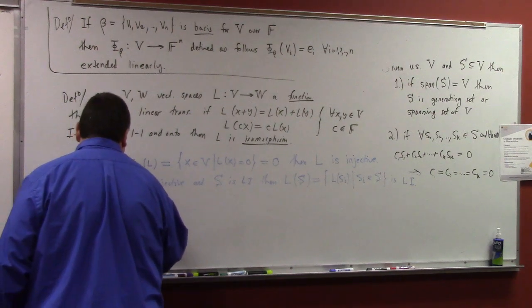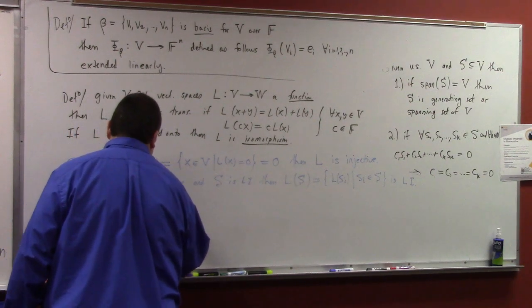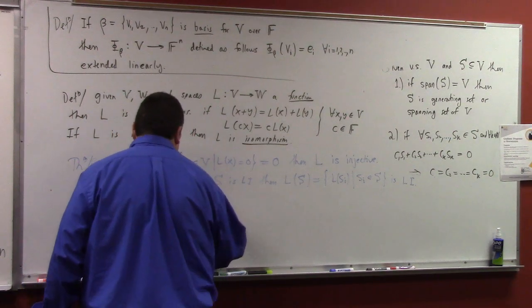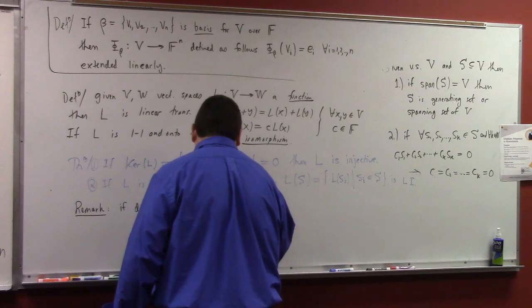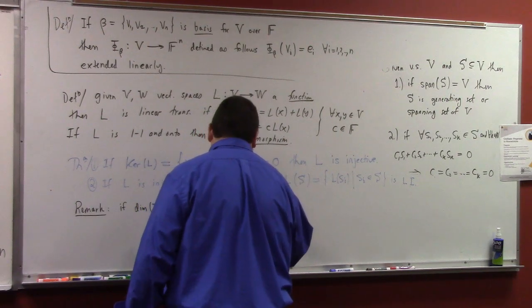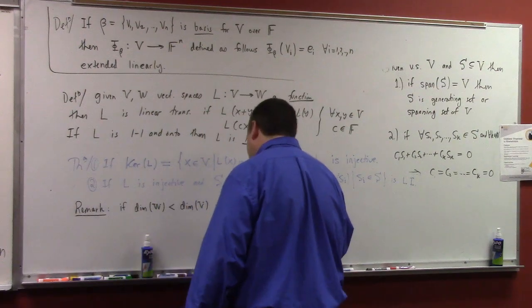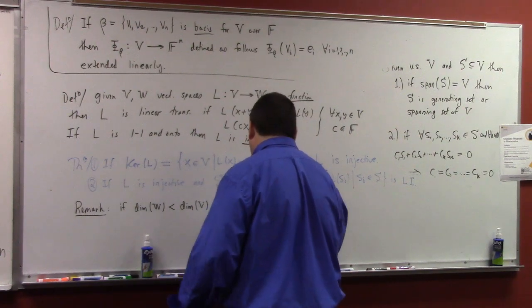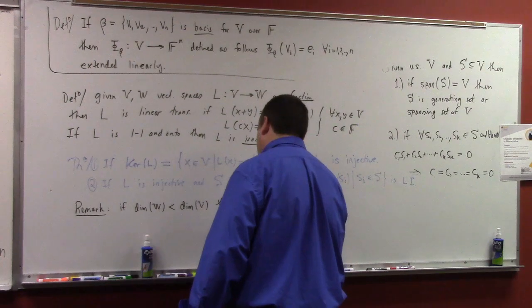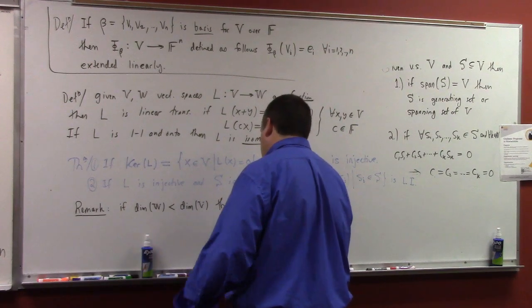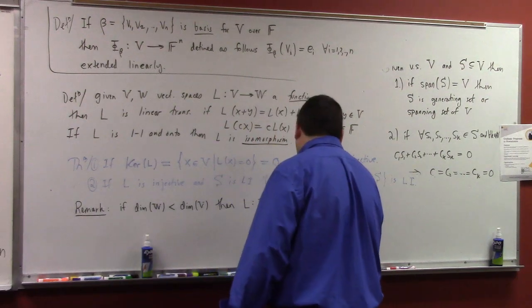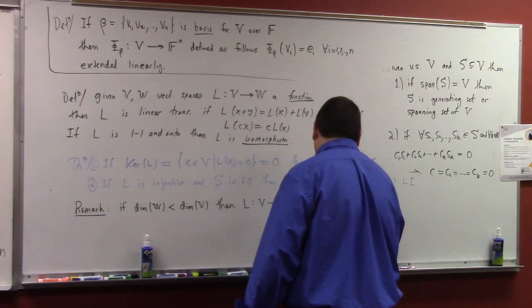If the dimension of W is less than the dimension of V, then L from V to W is not injective.